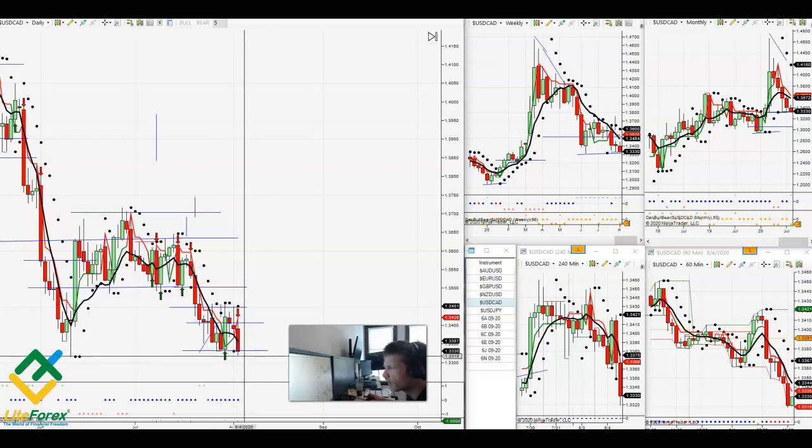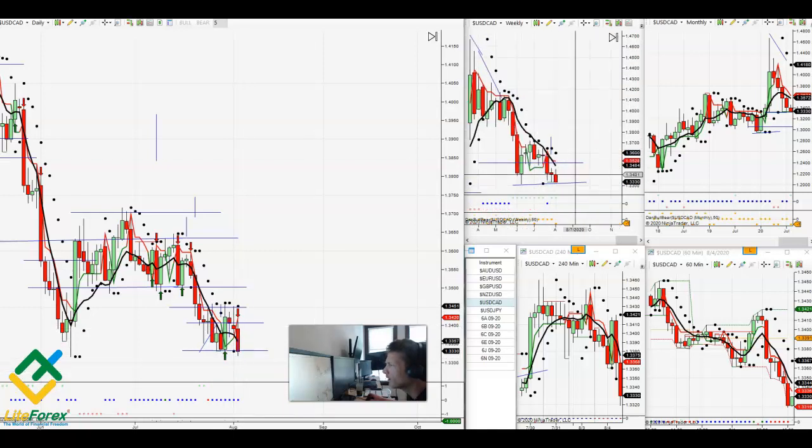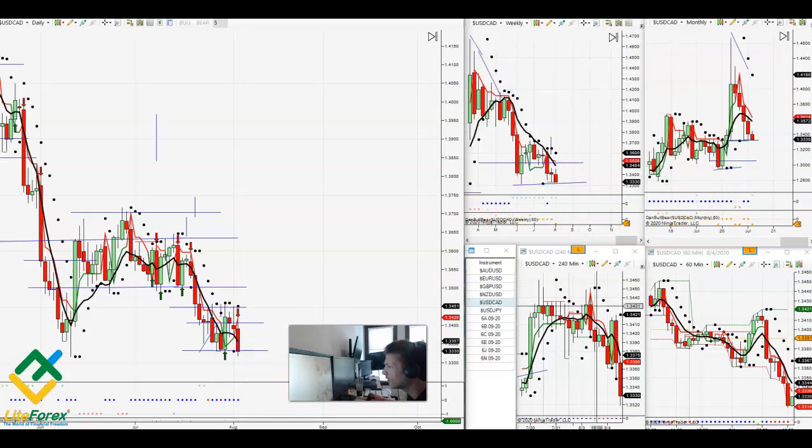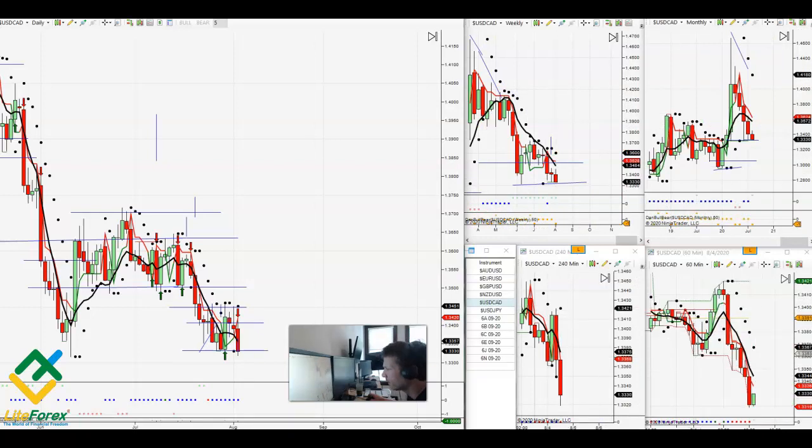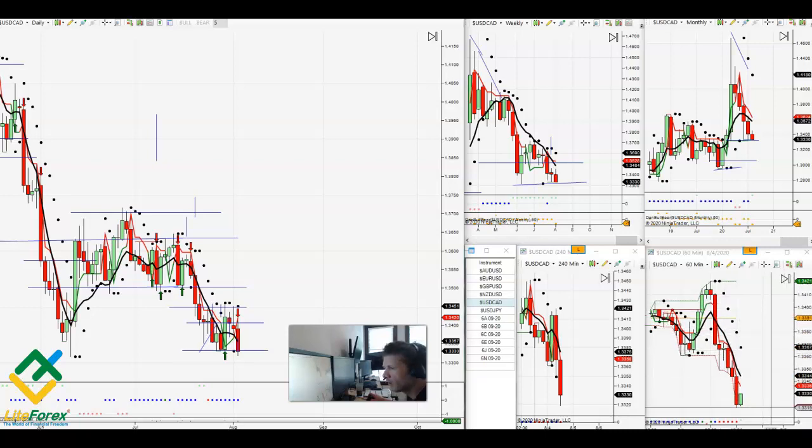The USD CAD just looks like it's going to keep going lower. Everything looks bearish to me. I do see clearly it's pulling back, which is normal after such a big collapse. You're going to get a bit of a rebound, and then we'll see if it continues going down.